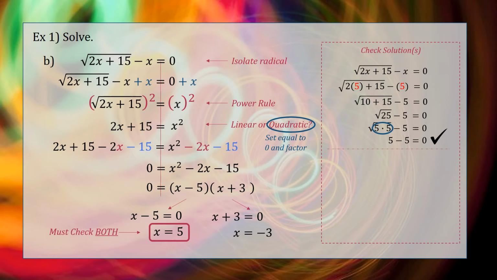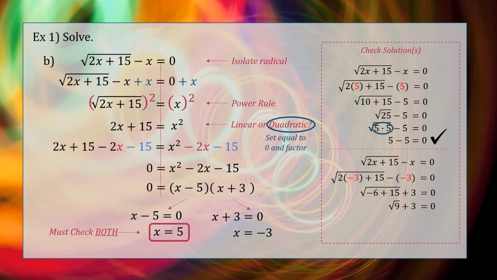Now we have to check the other solution. So again, you go back to the original problem. For every x, you plug in our other option, which was a negative 3. And we simplify. Now notice, outside the radical, we had a minus sign, but minus negative 3, there is a sign change and it makes it into a plus 3.